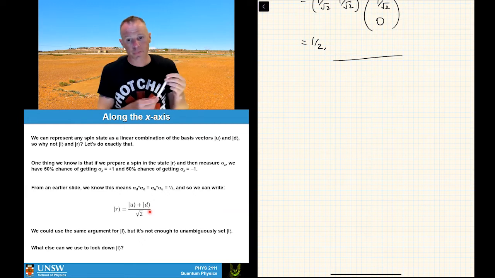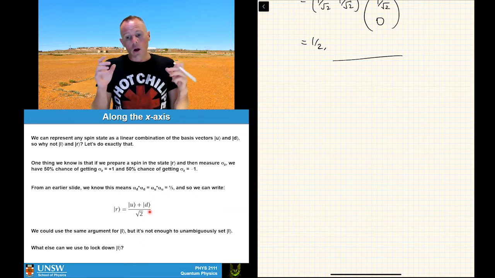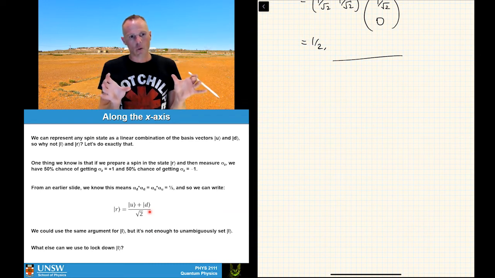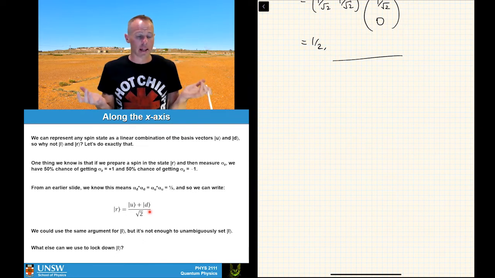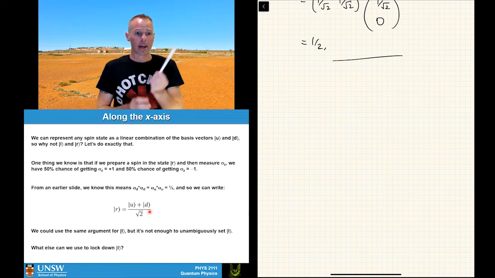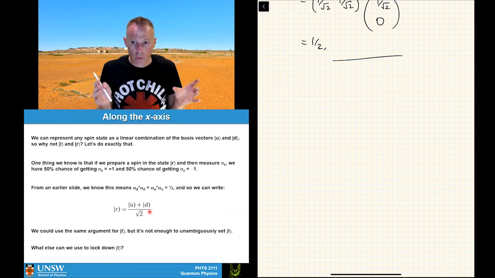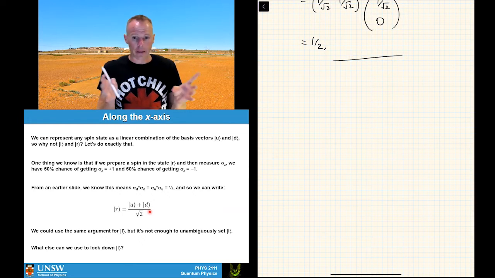So you would start from the same position of going, well, hang on, I should have a 50-50 probability for up and down, so why isn't left exactly the same? 1 over root 2 up plus 1 over root 2 down, okay? We know that they can't be the same thing, right? Something pointing to the left is not equivalent to something pointing to the right. So there's a problem here.